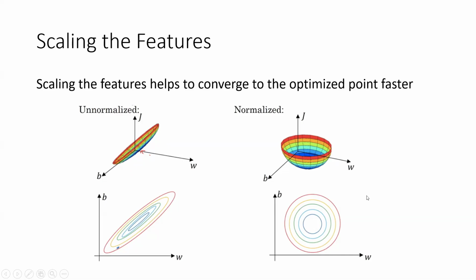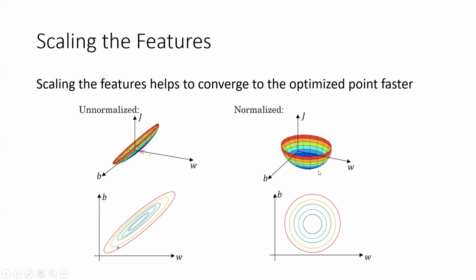When you have features that are not normalized or scaled, you will get a cost function contour graph like this, which is not a symmetric one.